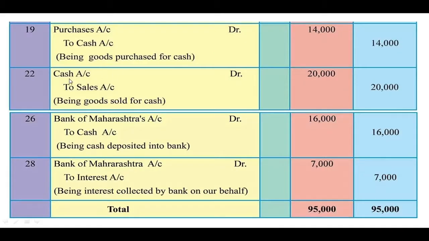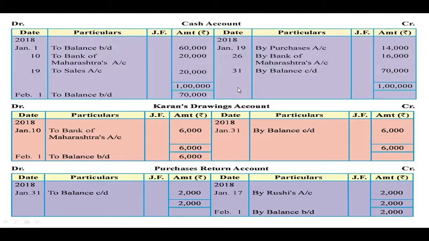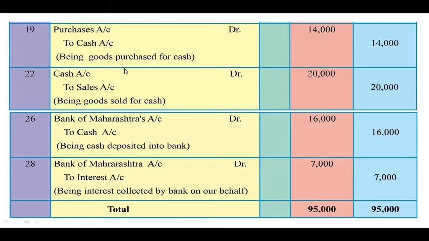In the next entry cash account is debited and the opposite account is the sales account, and that is credited. So the entry will be recorded on the debit side of the cash account to sales account. Then next we have to go through the next entry.